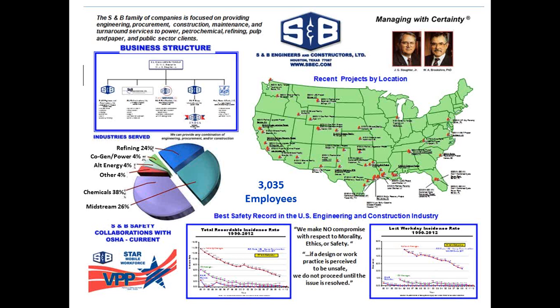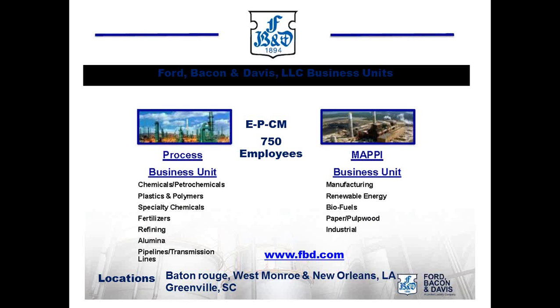We don't do much in the international realm. However, we have the absolute best safety record in the U.S. engineering and construction industry. And in our case, safety is a moral obligation. It's not just something we do. It's a value that's built into our core presence and everything we do. Okay, next slide.